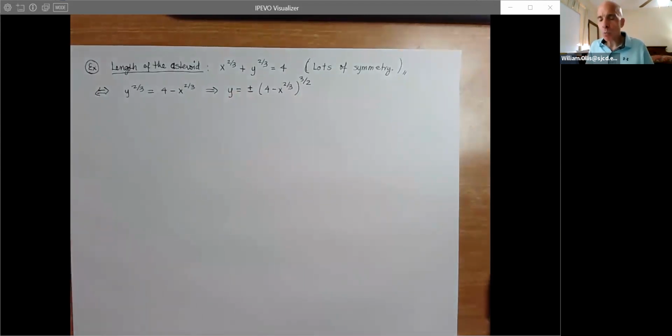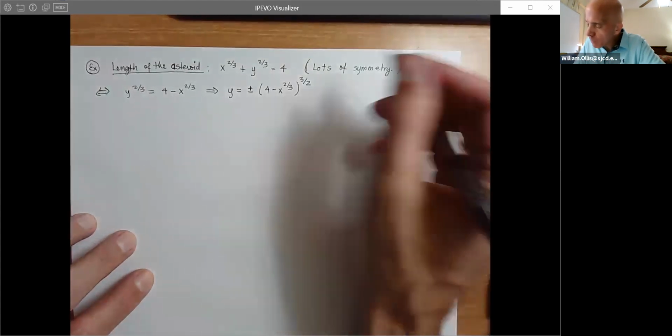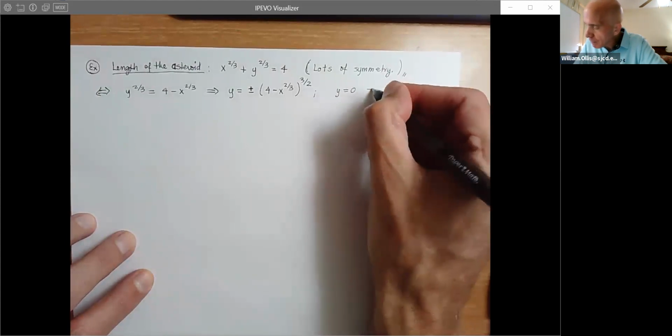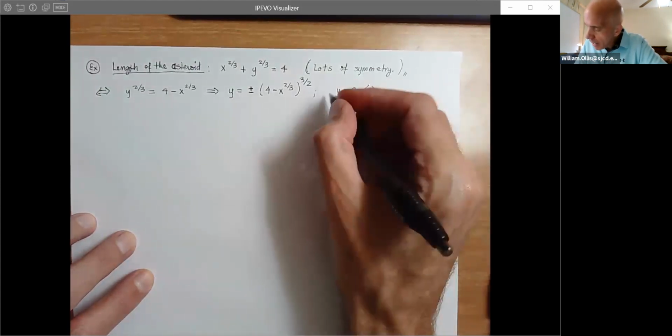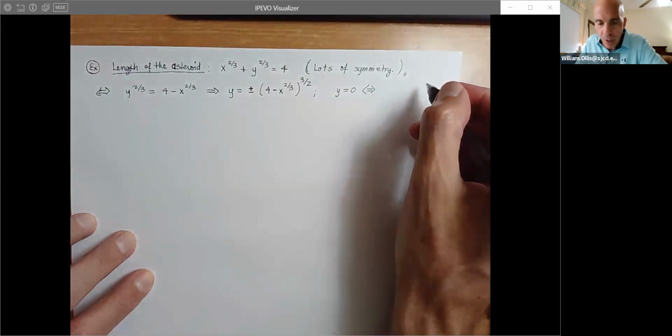Now, what I want to think about in this particular case is what's going on here. For instance, what do we have in terms of intercepts? If y is equal to 0, what does that mean? I'll look at the upper arc.